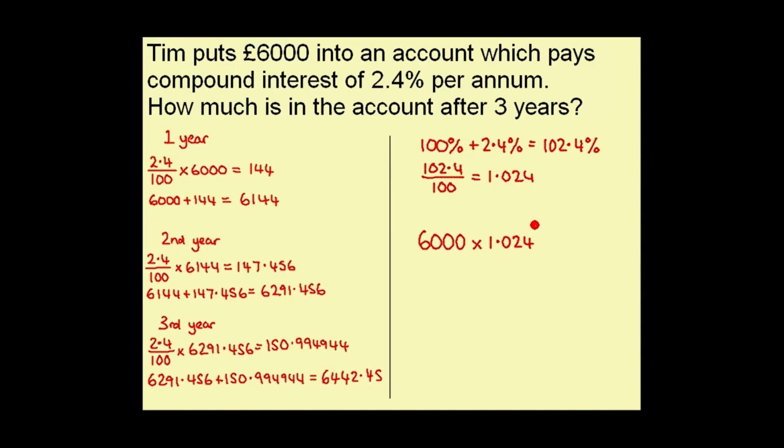So this one is to the power of 3. We can type this directly into our calculator, and then rounding to 2 decimal places, we immediately get the answer 6,442.45. So this is the amount of money he's got in his account after 3 years.